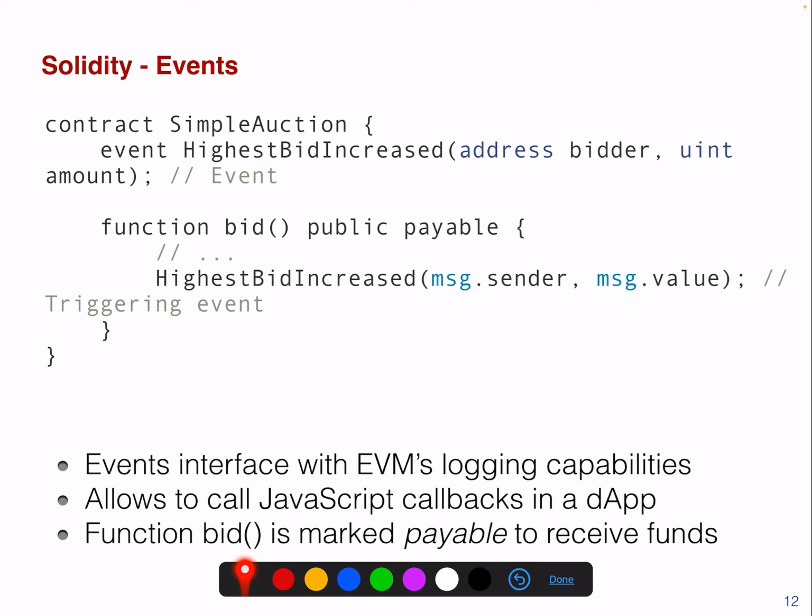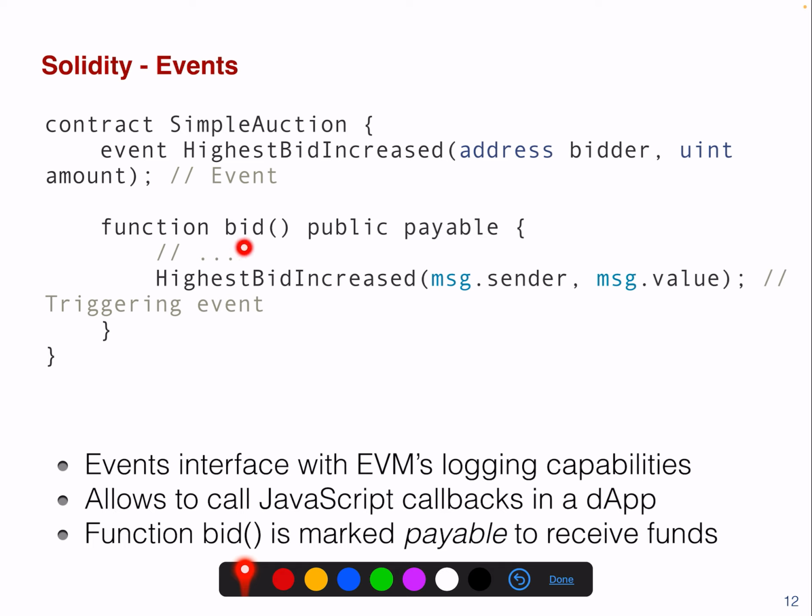So what about events? In order to interface with smart contracts, you can write web interfaces, and if you want to write a web interface, it's quite helpful to define events, right? So for example, HighestBidIncreased will trigger an event, and then you can, for example, update your UI upon such an event.